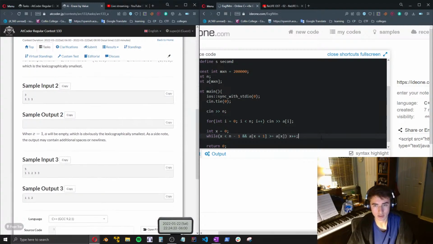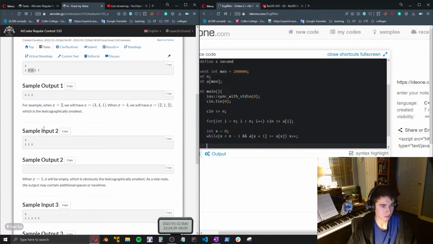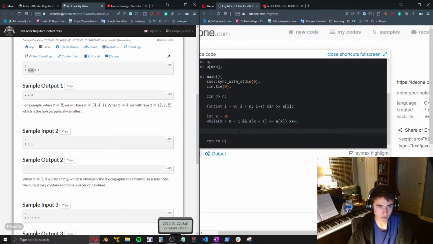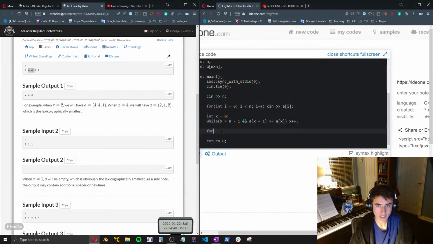Alright, let's see. So now this should be right. Now let's just print out all the elements not equal to a of x. If i is not equal to x.